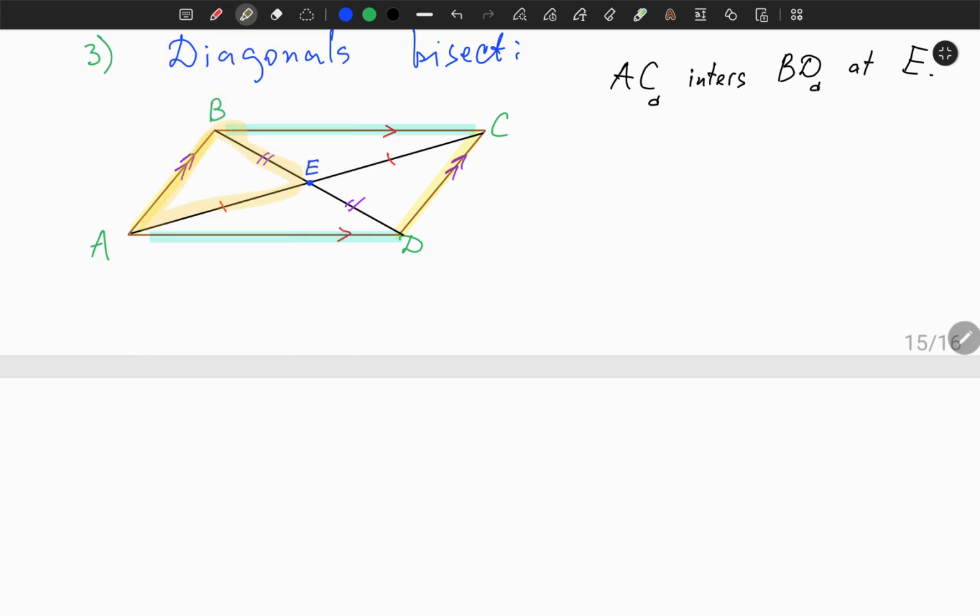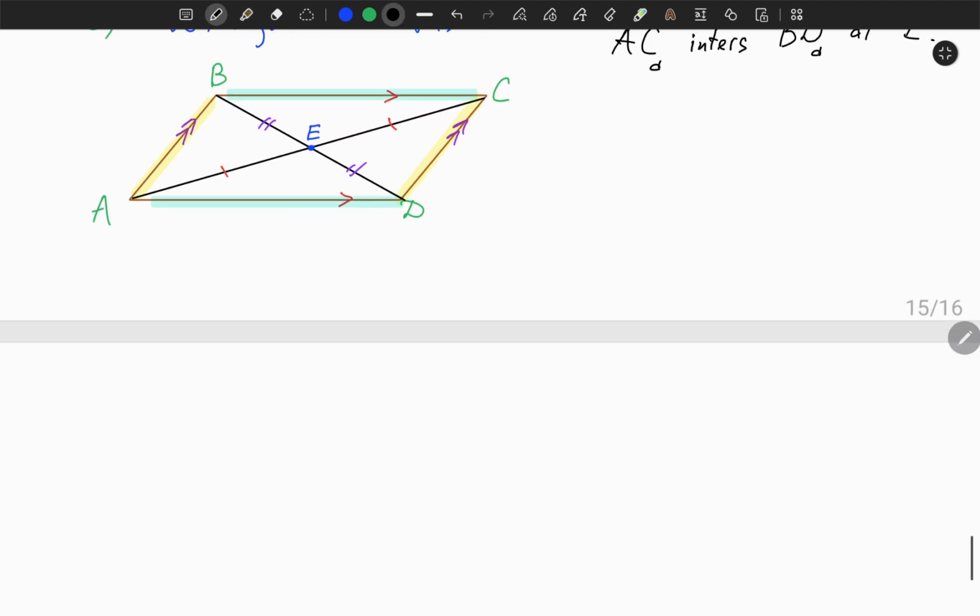This triangle ABE and CED. Okay. We have triangle ABE and triangle CED.